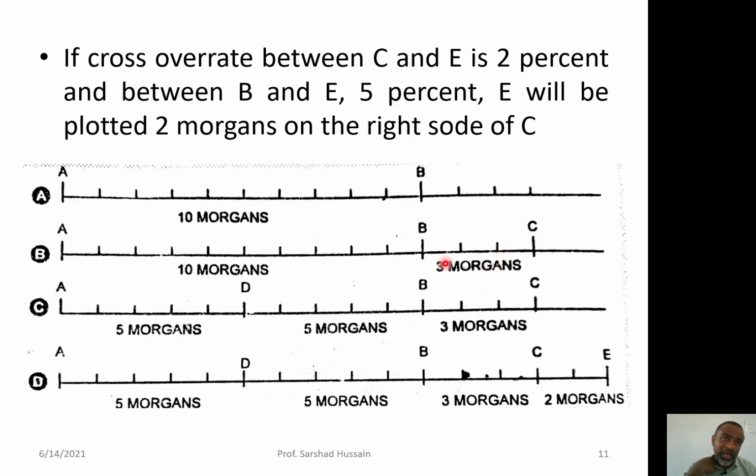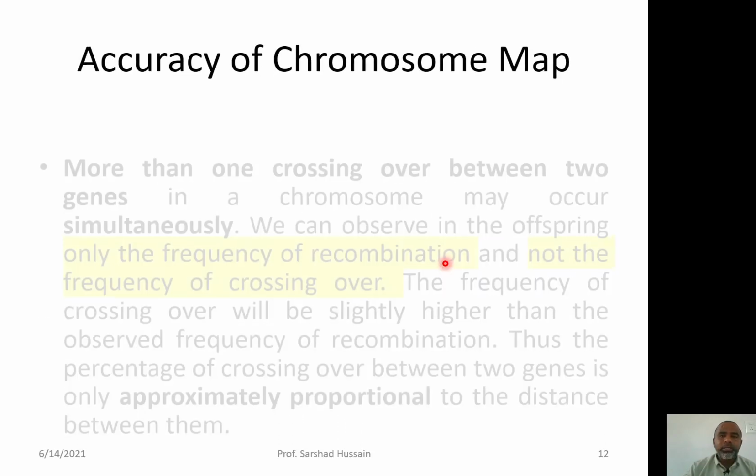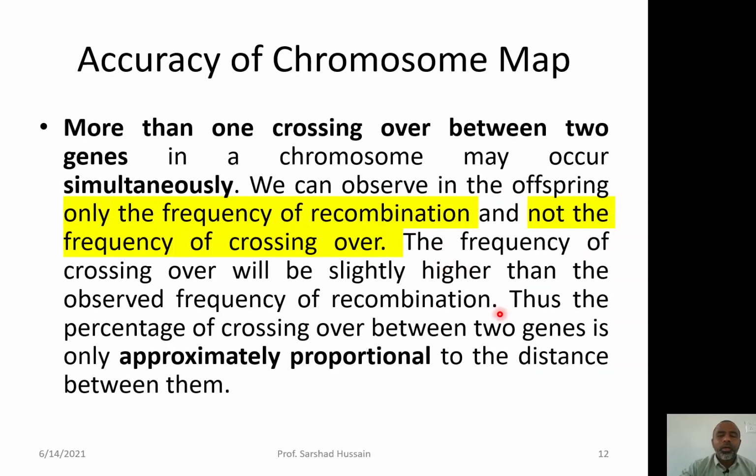So we were talking about the accuracy of the chromosome map. It is not so accurate because the crossing over between two genes is much more than what we observe in the offspring, from the frequency of recombination and not the frequency of crossing over. We are not able to see the crossing over in the offspring.